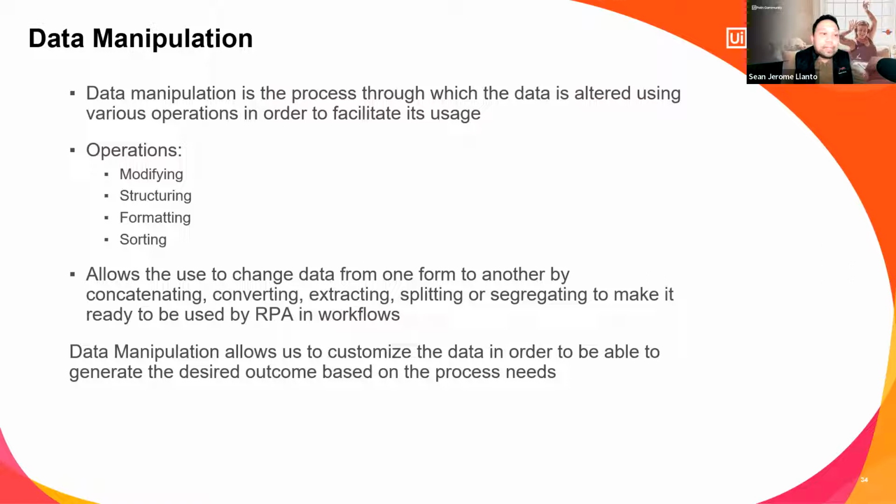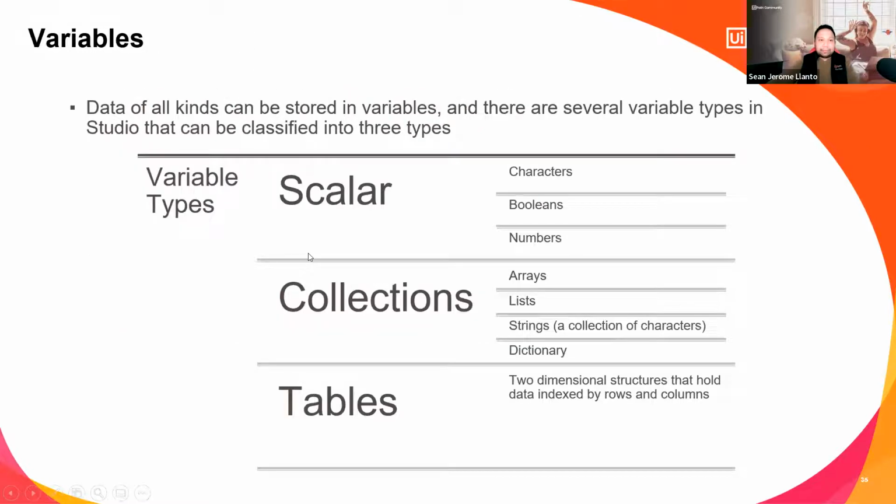So you can basically modify data, you can restructure it, you can format it, you're able to sort it, and so on. So that is what we do when we're talking about data manipulation. It allows us to customize the data to be able to generate a desired outcome. So if you have multiple columns, for example, and you need something that is concatenated, or you need to connect one column to another, you typically would be using data manipulation there.